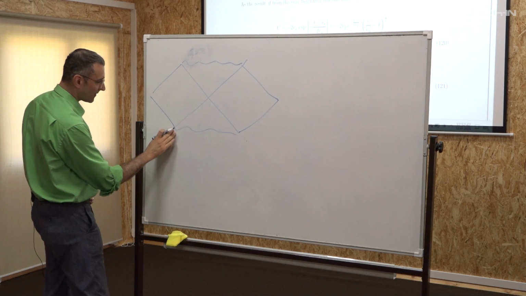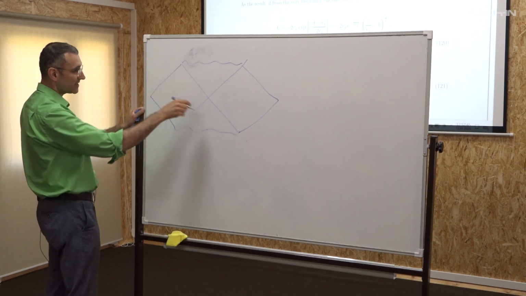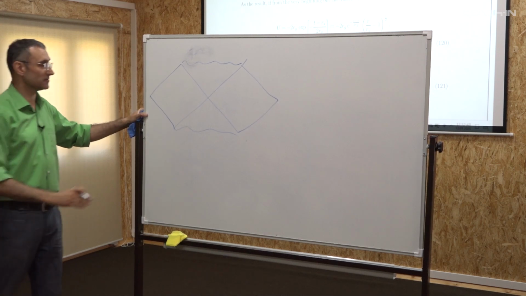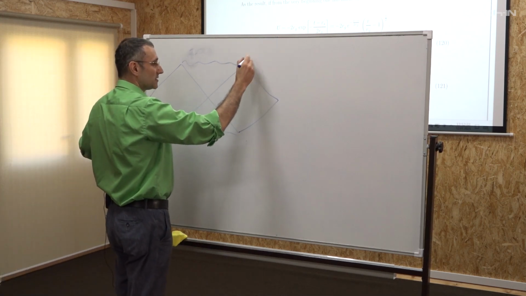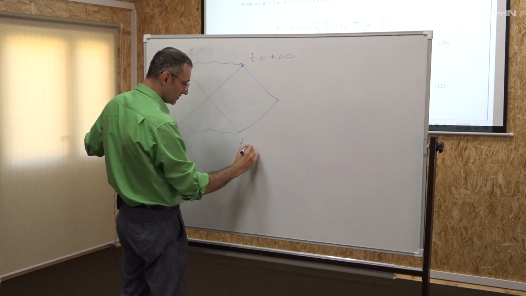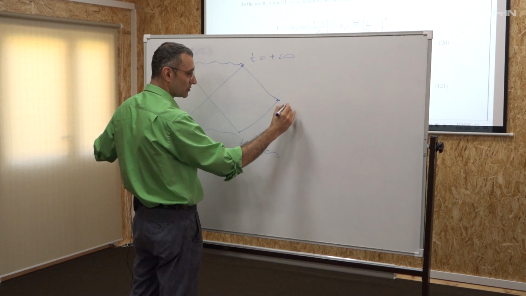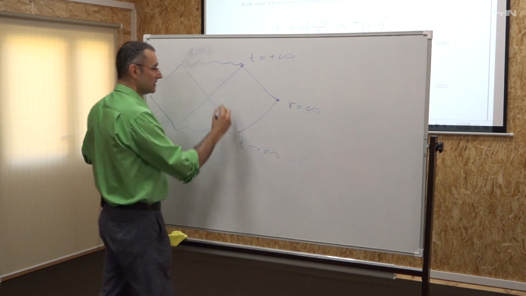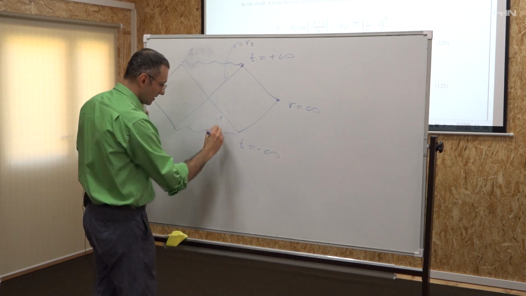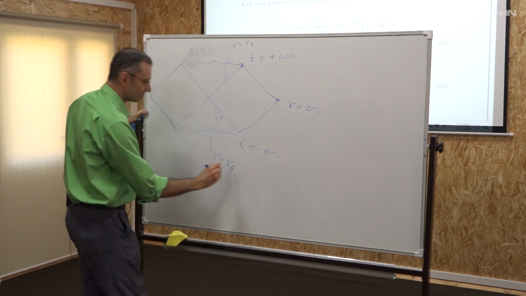Not the wavy ones, but the straight lines are light-like. They are at 45-degree angle. So this point corresponds to t equals plus infinity. This point to t equals minus infinity. This point to r equals infinity. This is r equals rg. This is r equals rg.